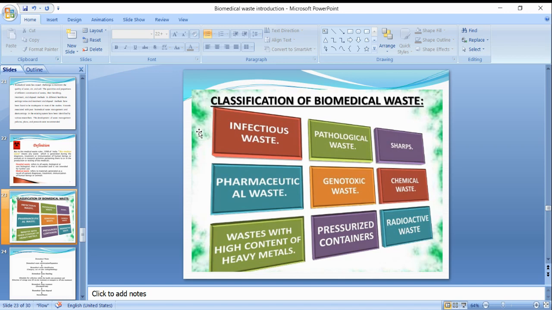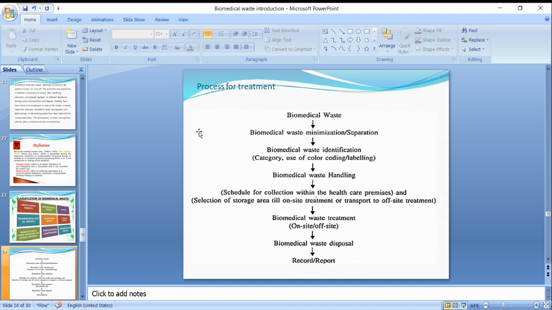Radioactive waste is nothing but nuclear waste. In nuclear medicines, and in nuclear research, we can find it. Some of the medicines require nuclear technology, so those will come from radioactive waste.